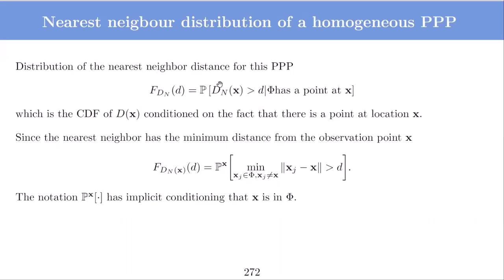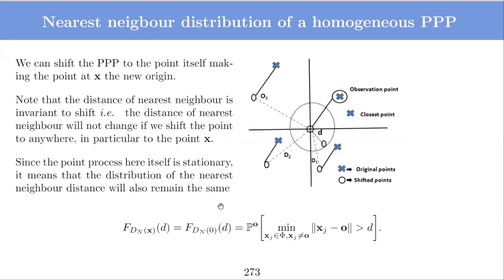So you can also write that there is a palm probability of x of the minimum that this distance is greater than d. This is the nearest neighbor distance. And when I say this, note that this is the implicit conditioning that x is a point in phi. So how do we solve this further?